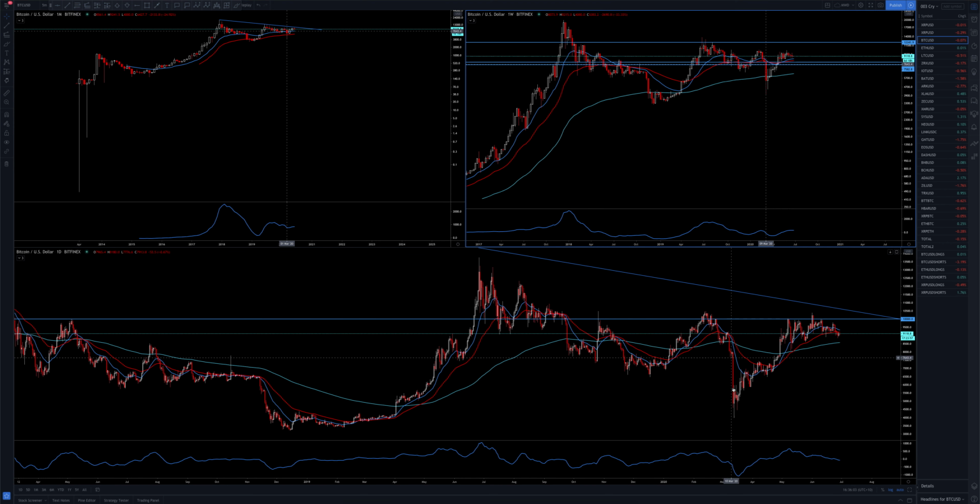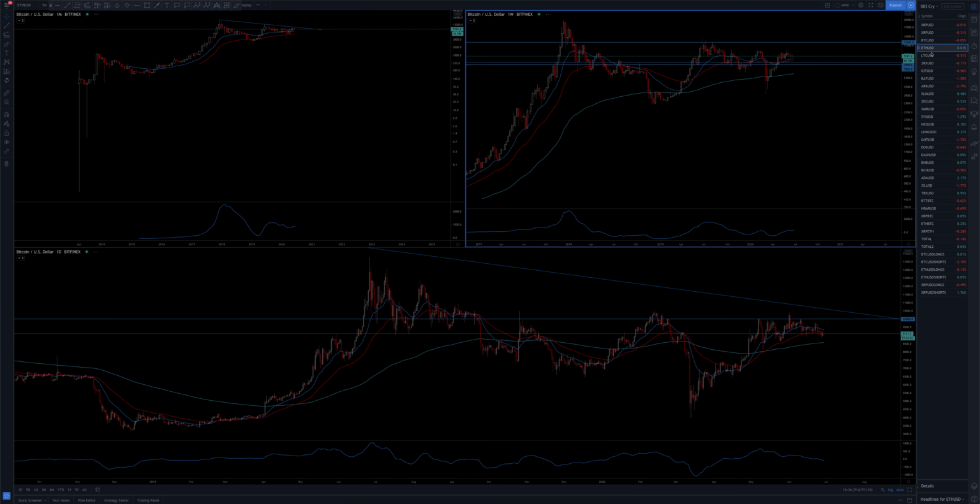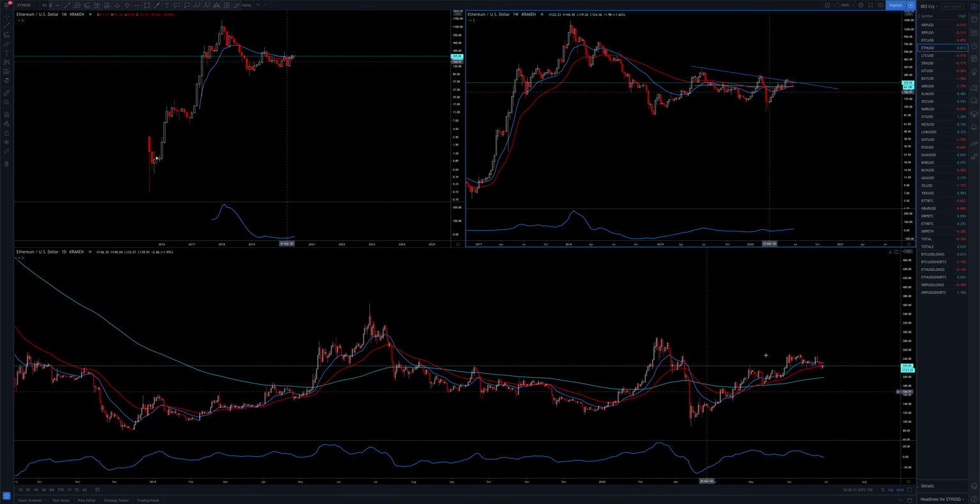When the stock market sold off in March, crypto sold off, and Bitcoin is the leading indicator for crypto, as it is almost 70% of the total market share of crypto. So you track that, the others will follow. We can see here we sold off in March, came back, and now we're sitting up here just sort of moving sideways, a bit choppy. Ethereum, same thing.